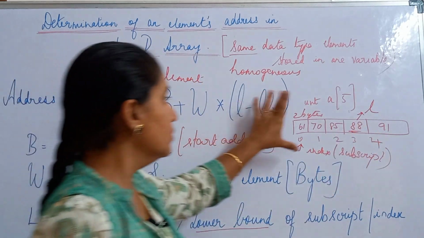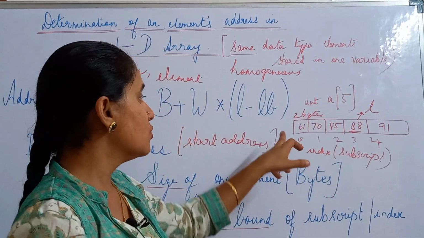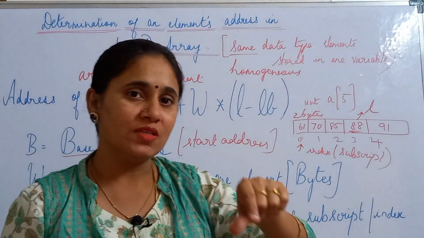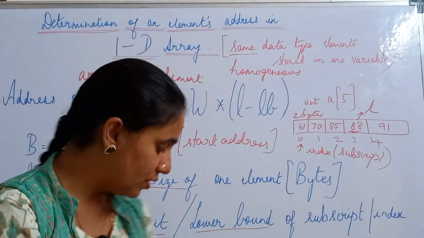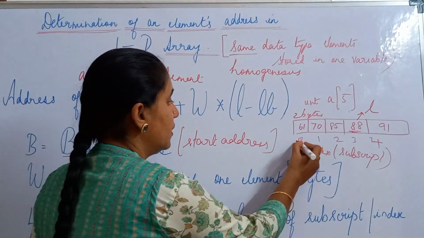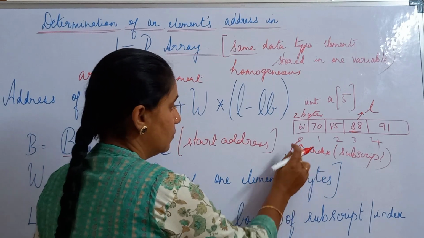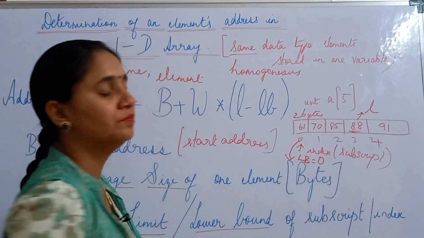As this is an array variable A with size 5, the lower bound is nothing but the minimum index value present. Here the minimum index value is 0, isn't it? So here the lower bound is equal to 0.